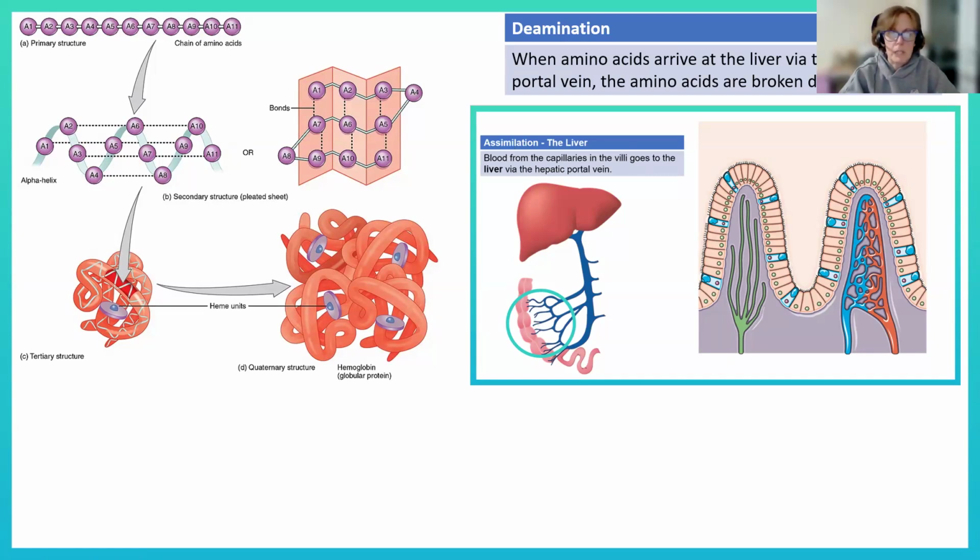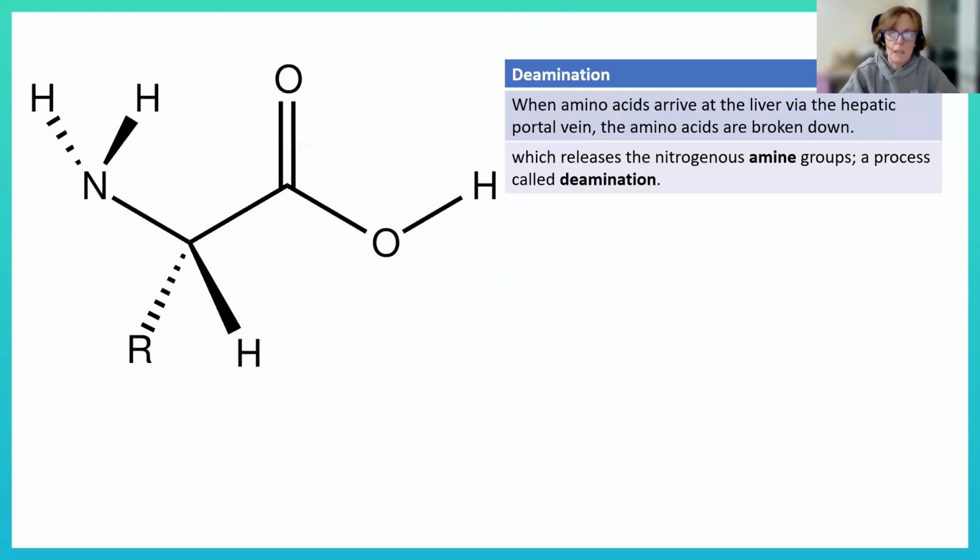You might remember from last week that it gets broken down by the enzymes in the stomach, and we absorb the amino acids. So the amino acids are absorbed into the blood, and they go via the hepatic portal vein into the liver, and then they have to get broken down.